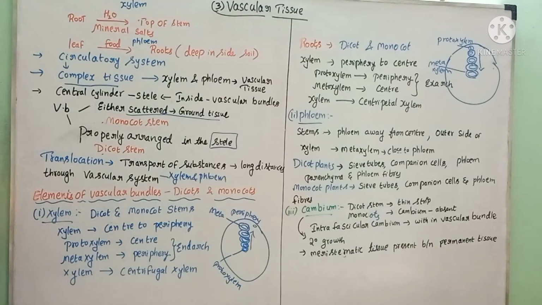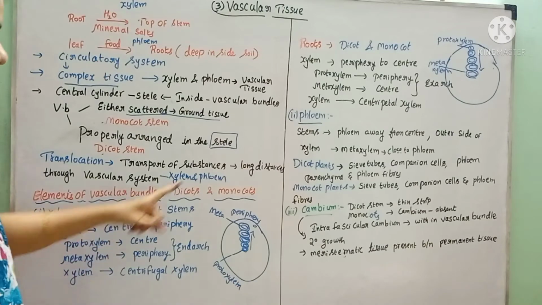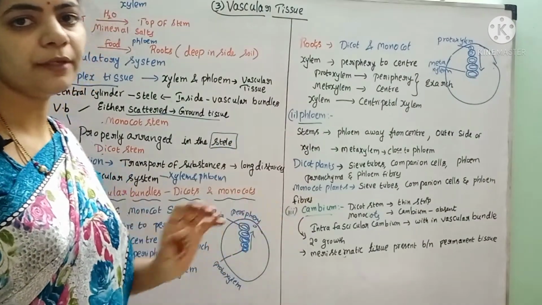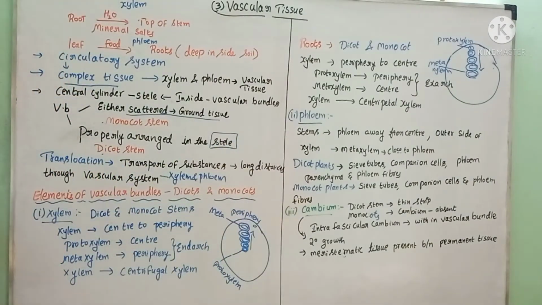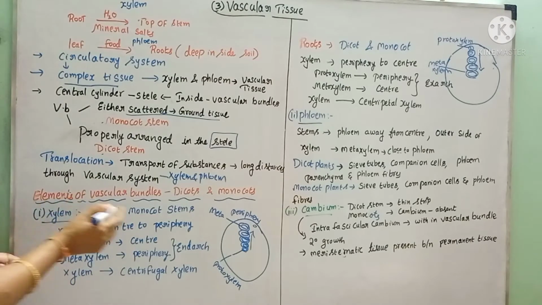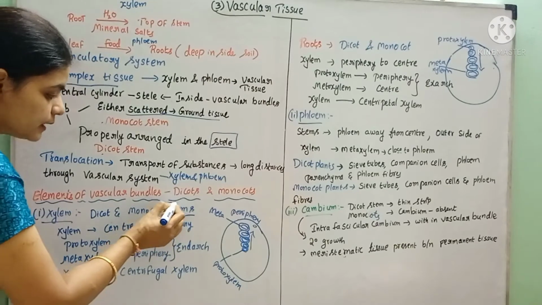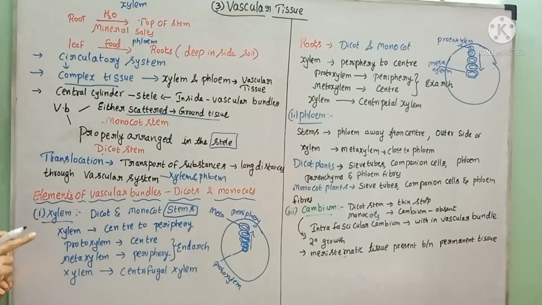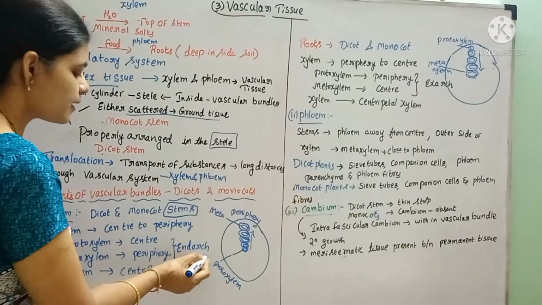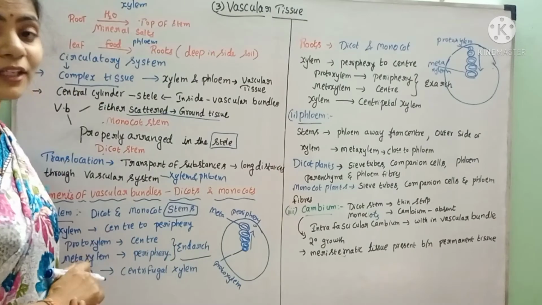If you see the dicot and monocot plants, different elements are present, like xylem, phloem, and cambium. These are the elements of the vascular bundle. If you see the xylem, in both dicot and monocot stems, we need to remember it is in stems, the xylem is in the endarch condition.